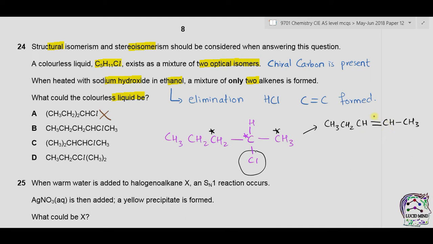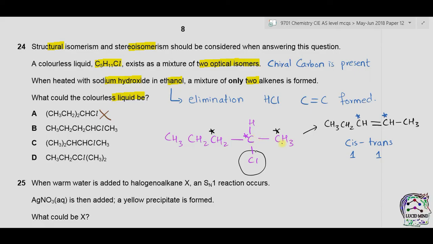So this product is formed. Now in this product, both carbon atoms making the double bond have 2 different groups attached. One is hydrogen, one is CH3, CH2. On the second side we have one hydrogen and one CH3. So therefore this will show cis-trans isomerism. So one product is cis, one product is trans.